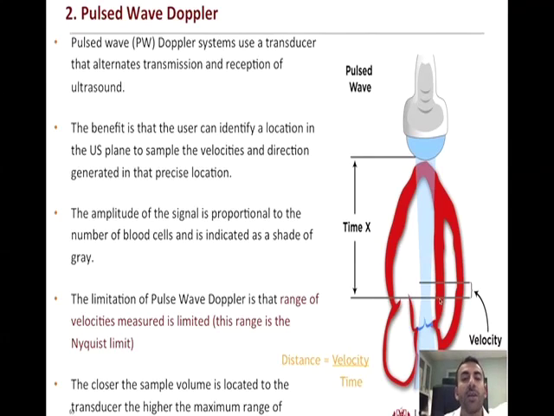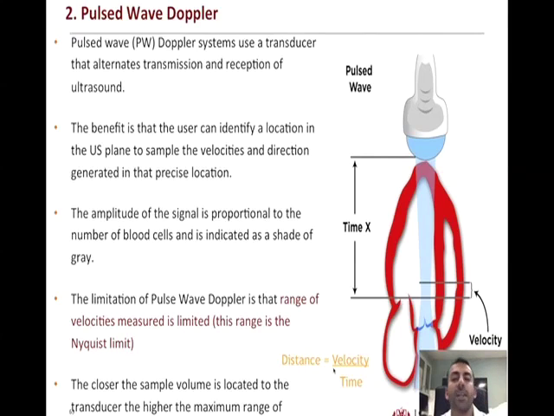The important thing to realize with this though is that since you're now mandating to the machine that you want to assess flow at a specific location, based on the fundamental principle that we talked about, velocity equals distance over time. Sorry, this is incorrect here, but velocity time should be over here.